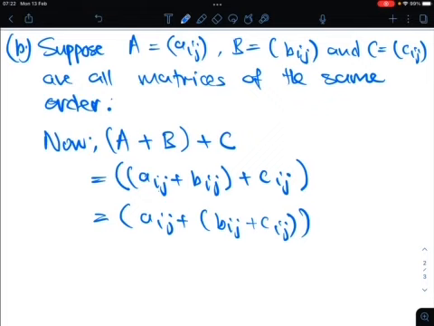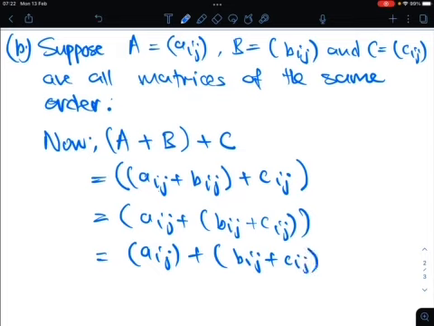Now I can separate my two blocks, which will give me Aij plus another bracket of Bij plus Cij. If you look now, the first term represents the matrix A itself. Then inside the bracket, we have the sum of B and C. So which proves our result again.